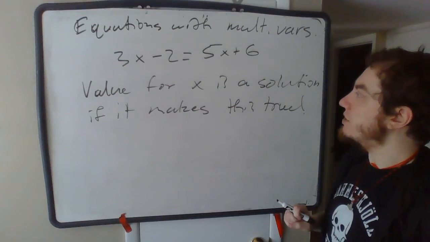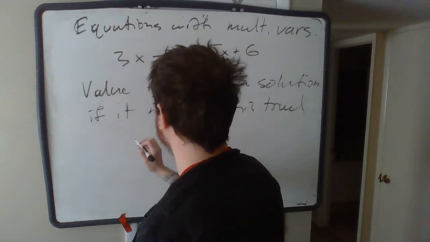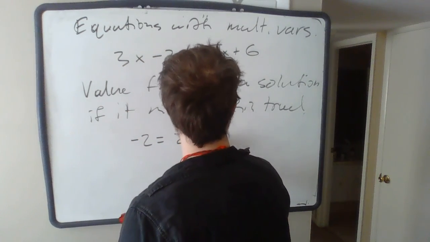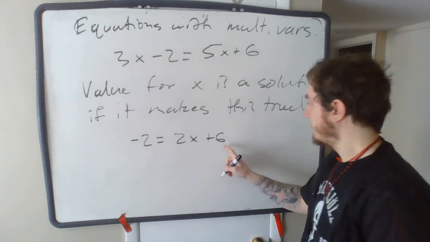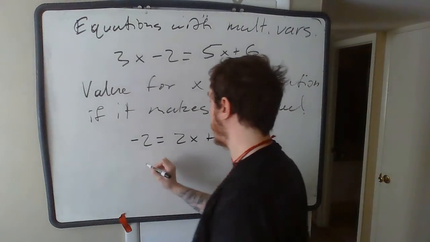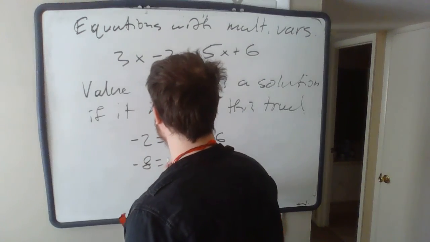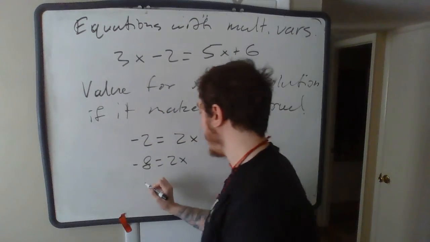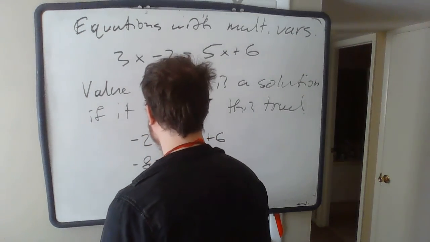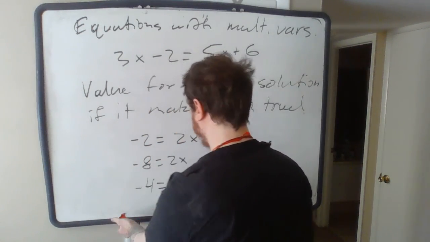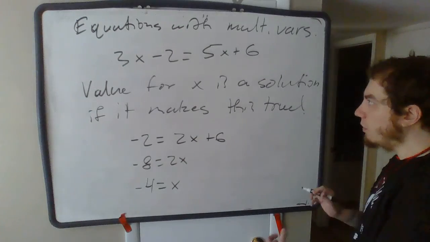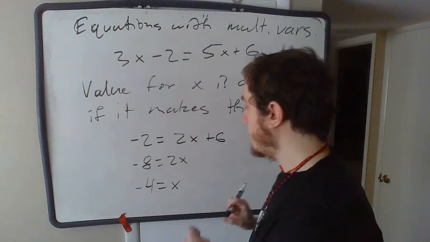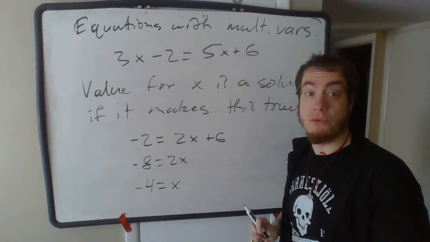So in this case, I could try subtracting 3x from both sides, and that would give me negative 2 equals 2x plus 6. Then I could subtract 6 from both sides, and I would get negative 8 is equal to 2x. And then I can divide both sides by 2, and I get negative 4 is equal to x. So the only value of x that is going to make this equation true is when x is equal to negative 4.